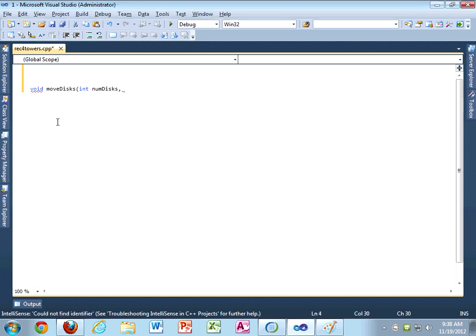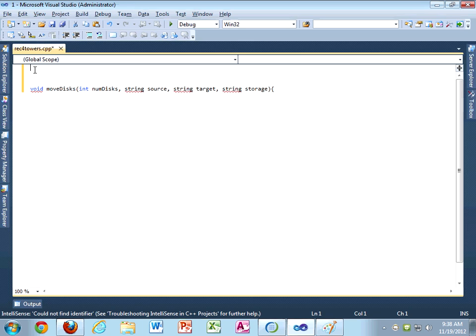And we need to keep it general. We don't want to have it be left, middle, and right. So we're going to say, and these are going to be strings, string source, string target, string storage. Does that make sense?